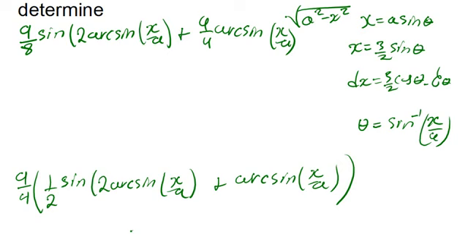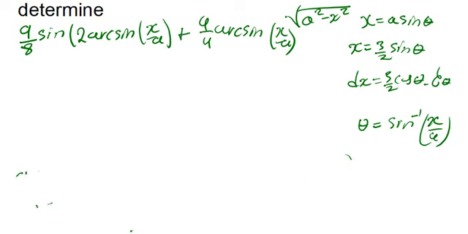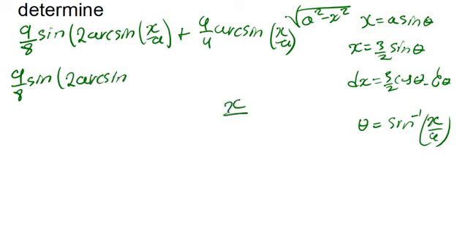But remember our a is 3 over 2, so x over a becomes 2x over 3.